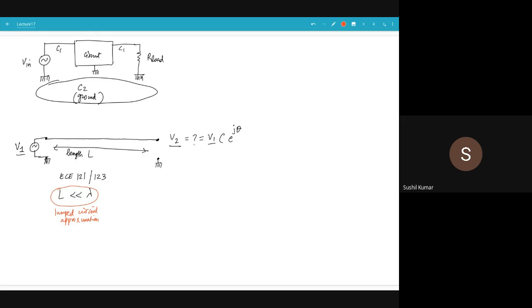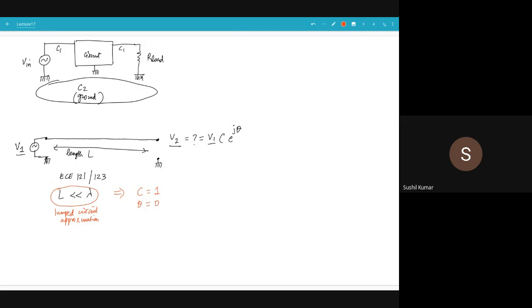When the length of the wires, the dimension of the whole circuit, is much smaller than the wavelength that you're dealing with, you can, in that case, take C equal to 1 and theta equal to 0 or 2 pi even.